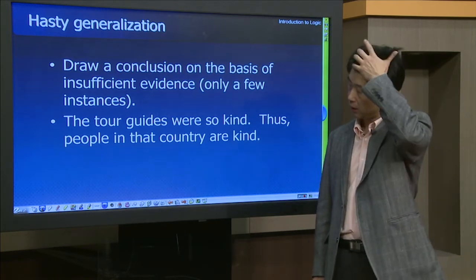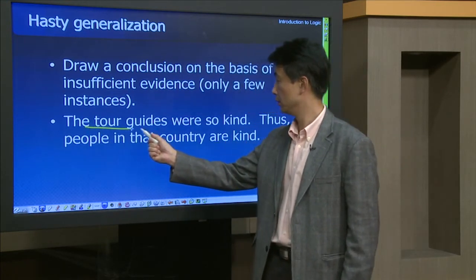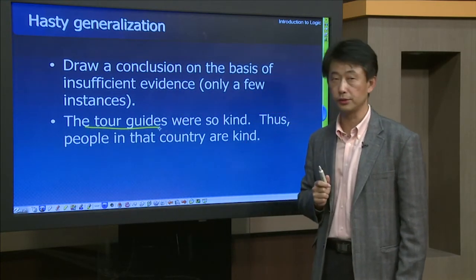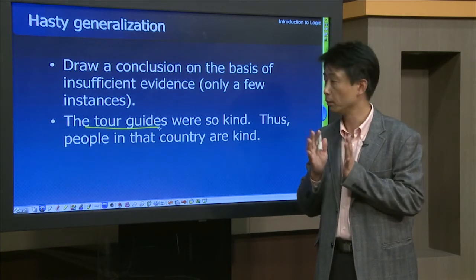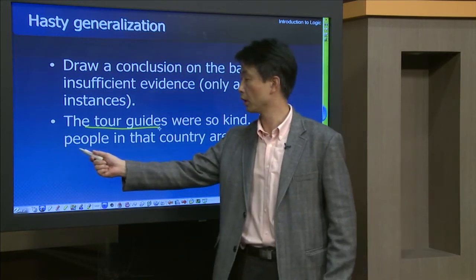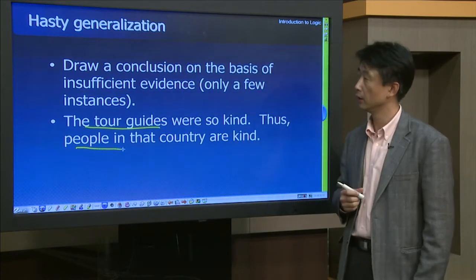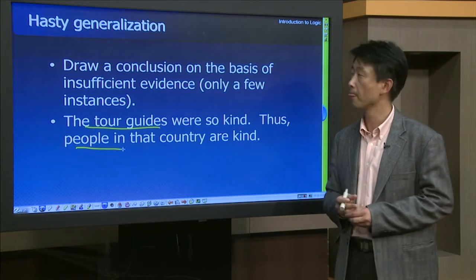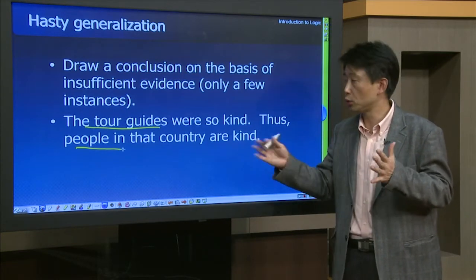Well, these are a few instances, too small a number to make a conclusion about the people in that country in general. It's too hasty. We make generalizations all the time, but this is too hasty.